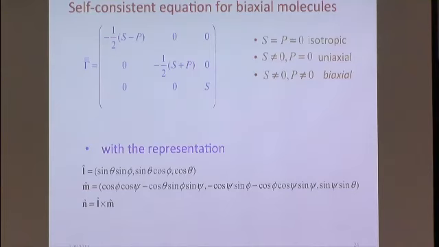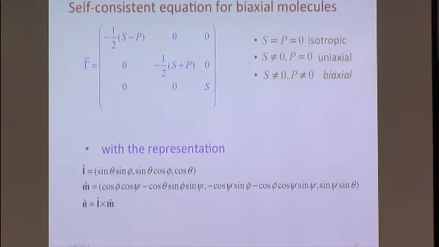Now, in order to solve the self-consistent equation, we cannot assume p equals 0 anymore. If both s and p equal 0, it corresponds to the isotropic phase; if p equals 0, it is uniaxial; and if both are not 0, it is the biaxial phase.